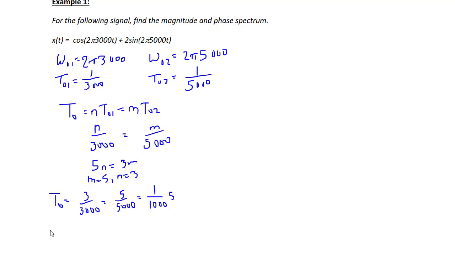So omega naught would be equal to 2 pi over T naught, which is 2 pi 1000 radians per second.